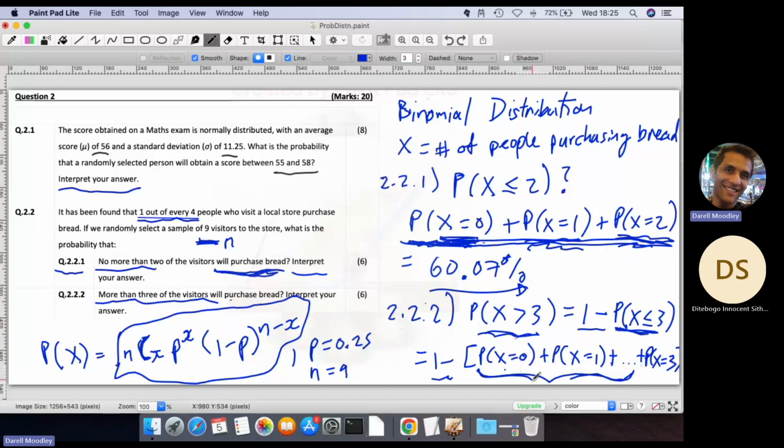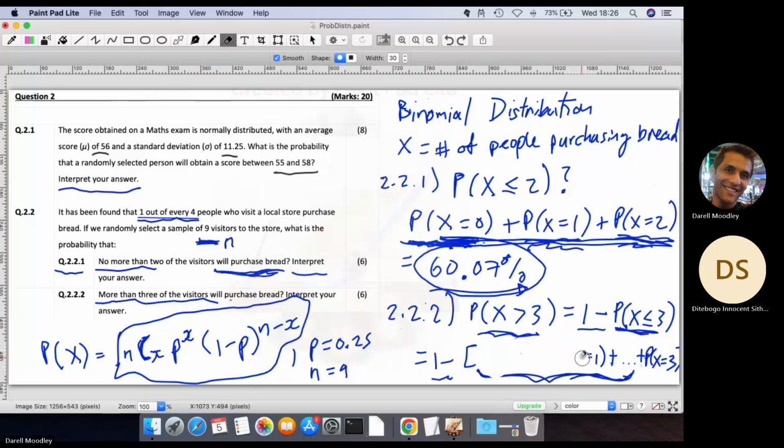So this entire term that I'm highlighting, we've already done it, and that is this value here. So I'm going to remove this part. I don't need to work out everything again. That is simply 60.07%.